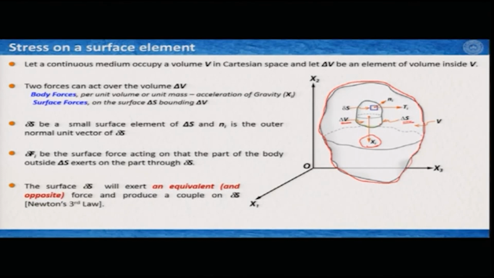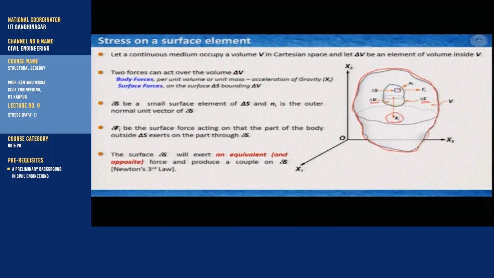Now, we can consider a very small surface within this volume del V, which is del S, and on this del S, this force which is acting, say some sort of F or whatever, or del F i.